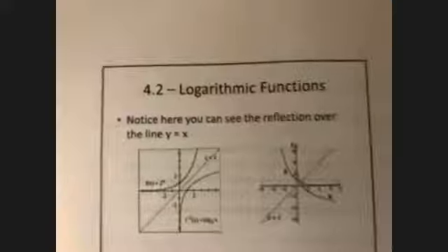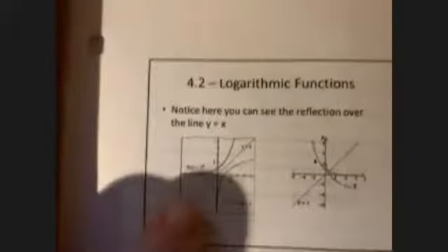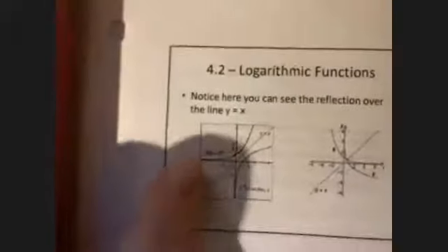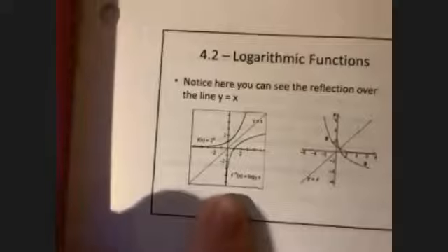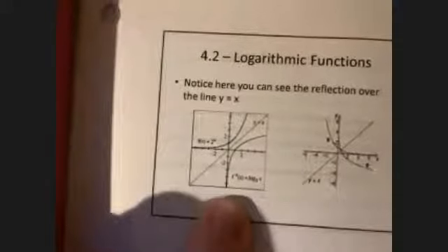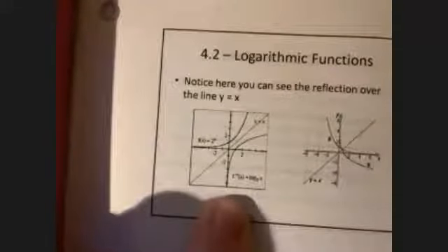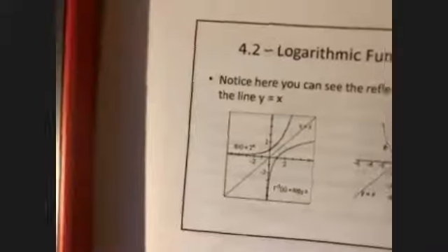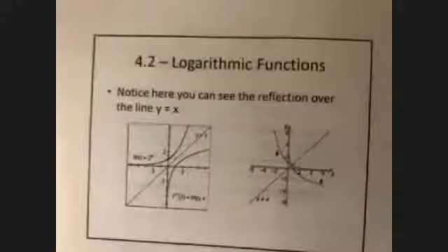This is the graph of 2 to the x, and this is the graph of log base 2 of x, and you can see them as they go across that diagonal line, y equals x.